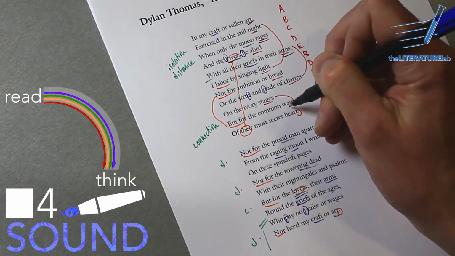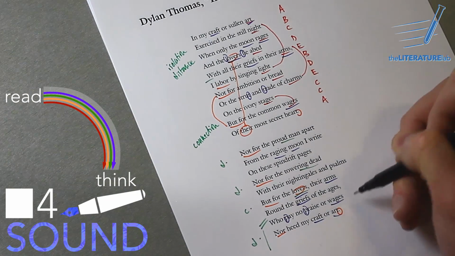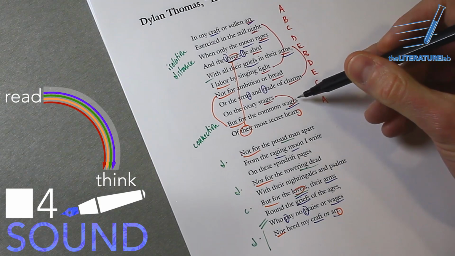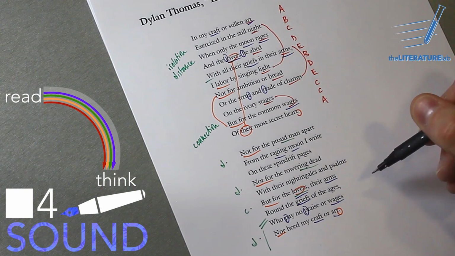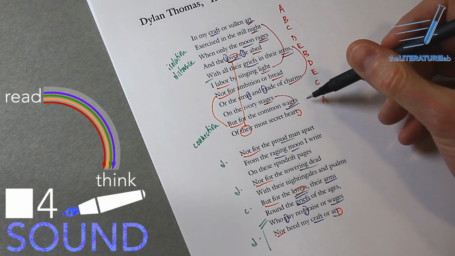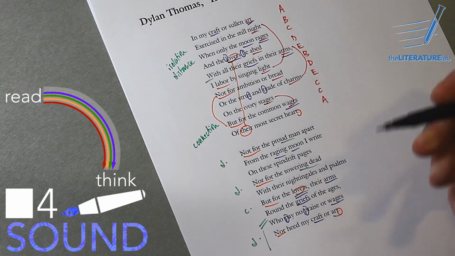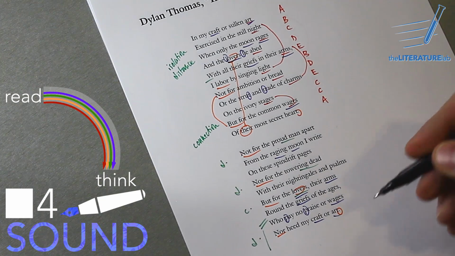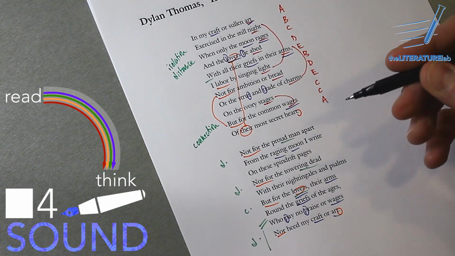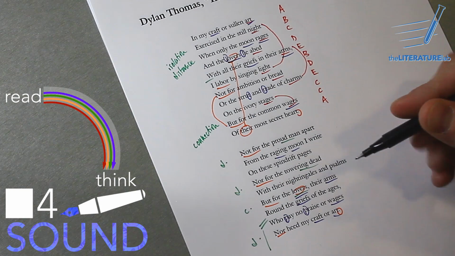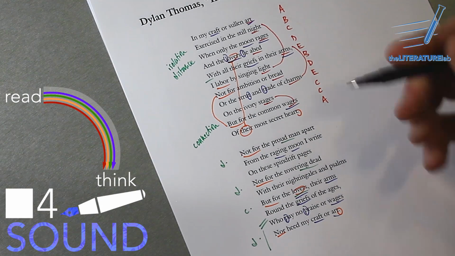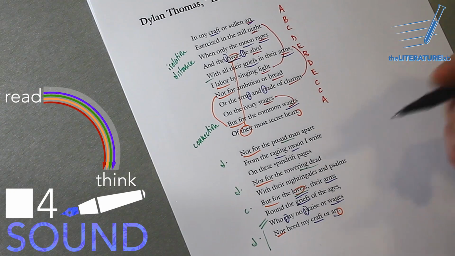Remember, finally, that a word like wages, which is another one that gets repeated, is a word that we don't use in this particular way quite so often. It can mean wages in the sense of a monetary reward that you get, but can also mean something more immaterial, a compensation for a thing that you do. So looking up words like wages in the dictionary can be very helpful.